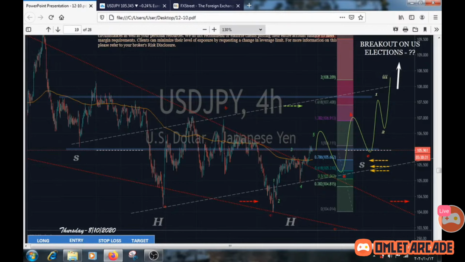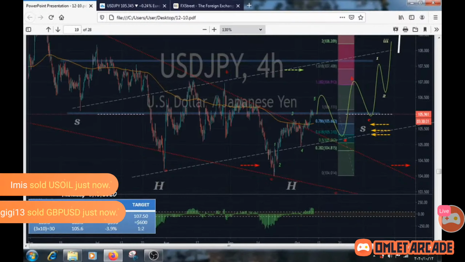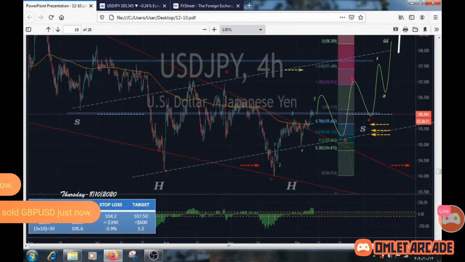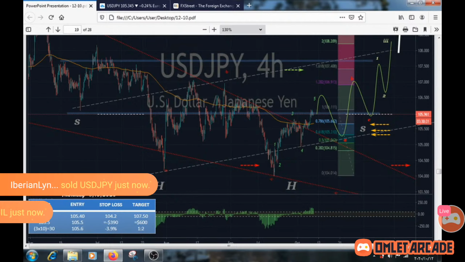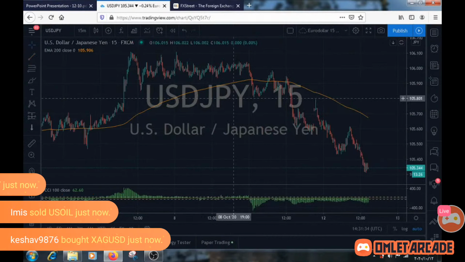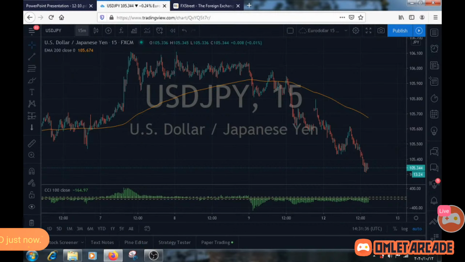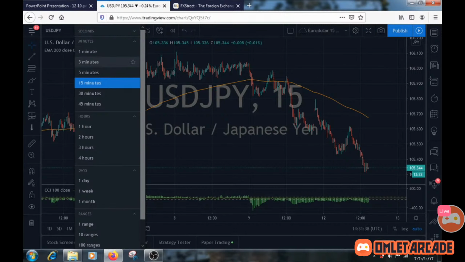These are the levels shown here, 105.40. We're already seeing lower than these levels, all the way down to currently 105.34.